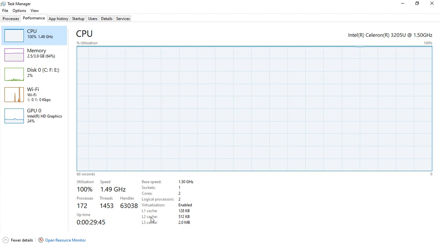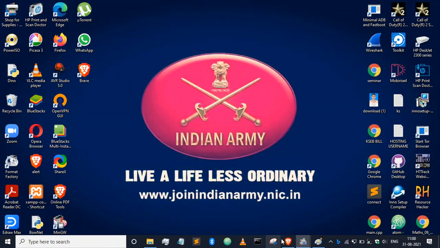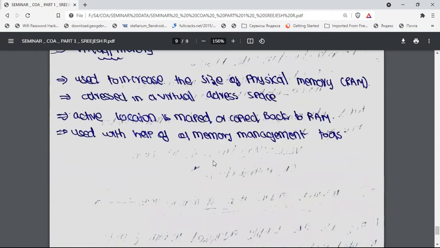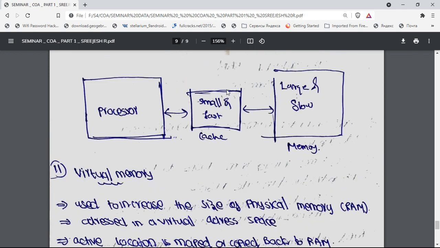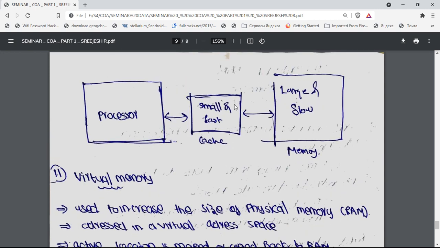These are different types of cache. L1 cache is 128 KB, L2 is 512 KB, and L3 is 2 MB. So even though they are small in size, they are highly effective because the speed is very high. That's the method: the processor works with a small, fast cache, while the main memory is large and vast. So communication will be like this.